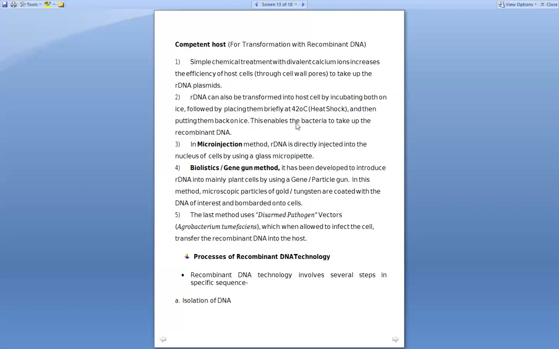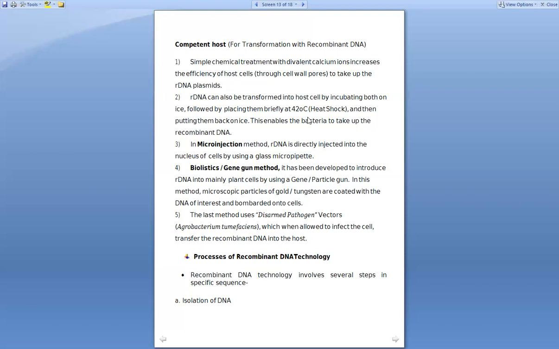The host cells are placed into a medium containing ice, and after some time they are kept in the 42 degrees Celsius medium, that is a heat shock.